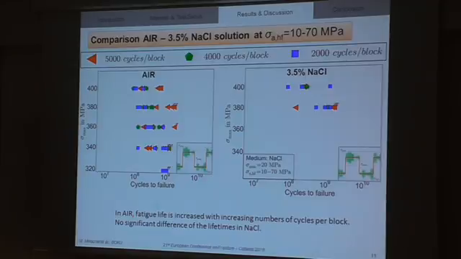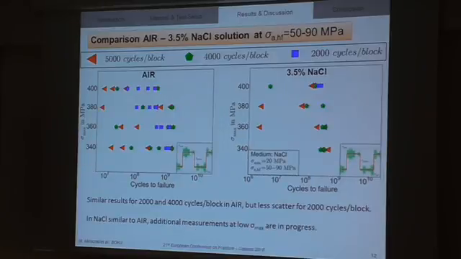In air, the fatigue life increases with increasing number of cycles per block. The longer the blocks are, the longer is the life of the specimens. And there is no significant difference in the lifetime in the sodium chloride solution.